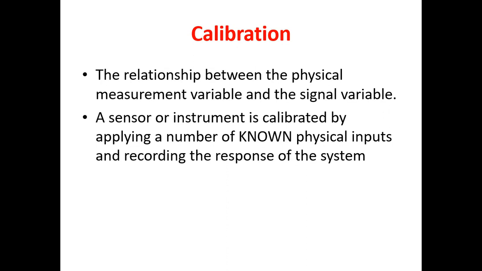We do this by applying a known value to the instrument and noting the reading, so that we can make sure the device is properly calibrated. Calibration is a very important step, especially in medical equipment and laboratory instruments. We want to make sure that the observed reading is within a specified error limit. That is basically called calibration.